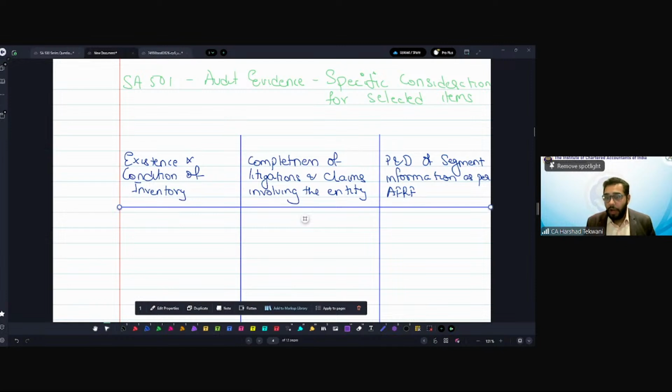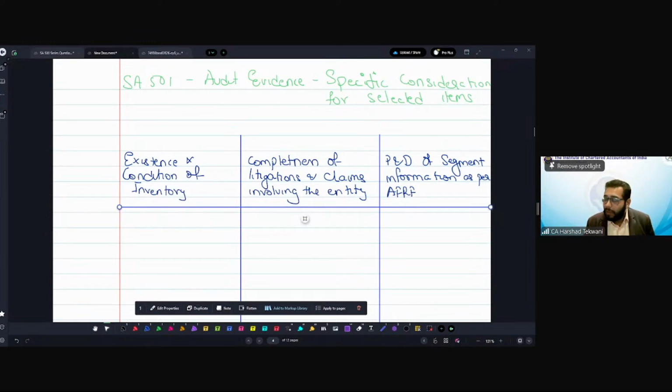So, when I talk about condition of the inventory, see, this is an asset. The value of this asset derives from its condition. For example, if the inventory is damaged, obsolete, non-moving, slow-moving, then it might not have that much value.